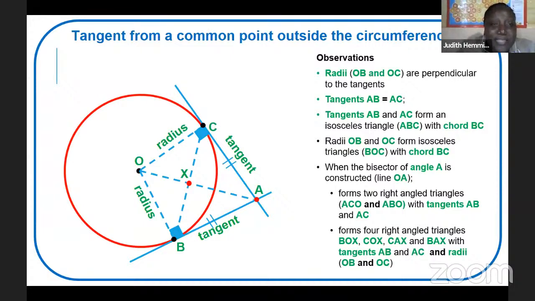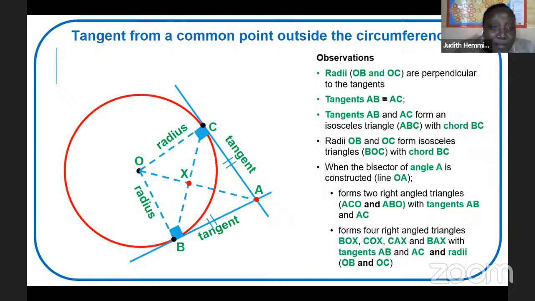But I want you to recognize something else. When I put in this line OA, which is the bisector of angle CAB, it also gives me another grouping of triangles. Can anybody tell me what it is that they observe about these 4 triangles that are formed?